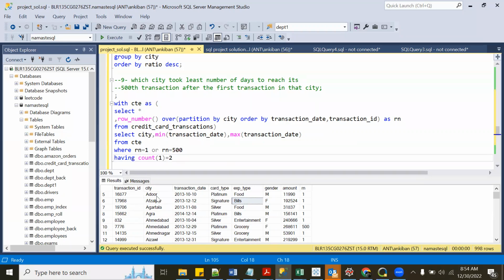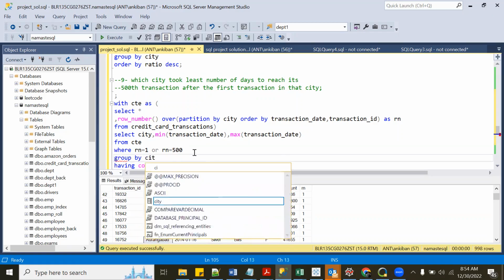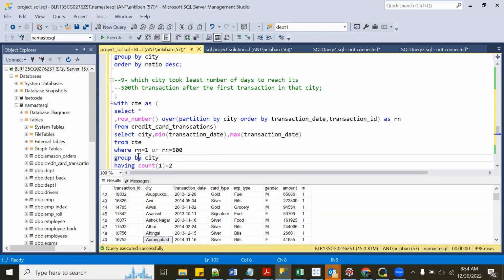So wherever we have only one transaction, we will filter out, and wherever we have more than one, meaning reached 500 transactions, those cities will remain, isn't it? Are you guys with me? Group by city.